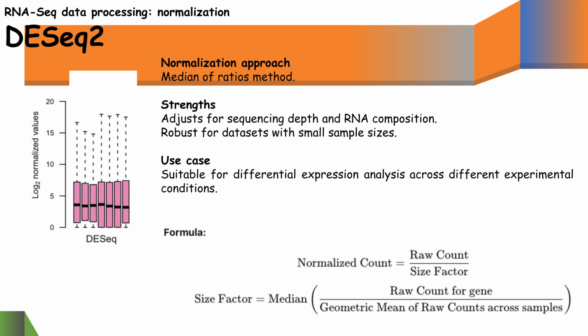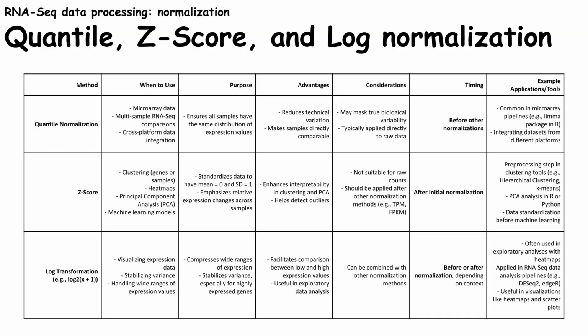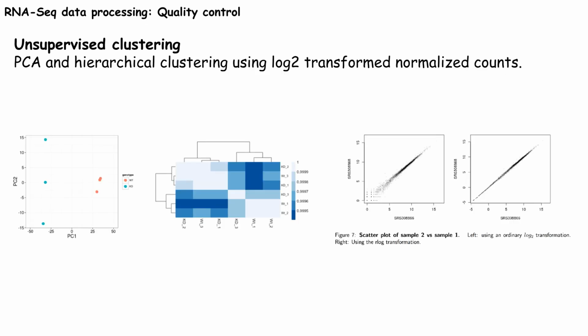This method is robust for small sample sizes and suitable for differential expression analysis across experimental conditions. Other normalization methods are quantile, z-score, and log normalization, which also address various biases in RNA-seq data. For quality control, unsupervised clustering methods like PCA and hierarchical clustering use log2 transformed normalized counts to evaluate sample similarity.